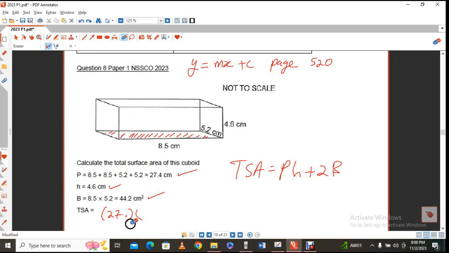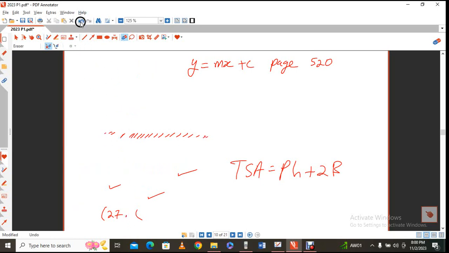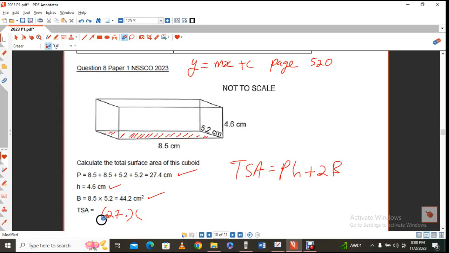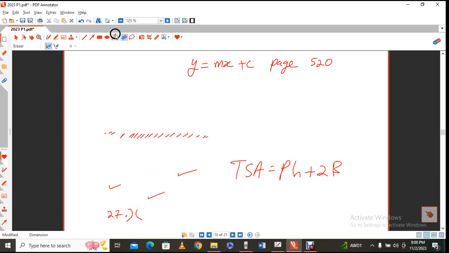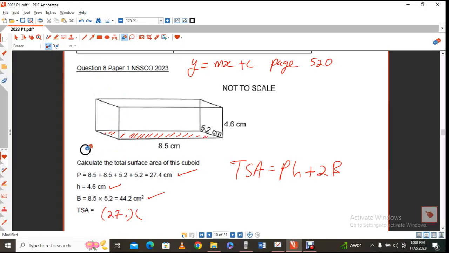Let me go back over here and clean that up. So I'm going to say total surface area is the perimeter, which is 27.